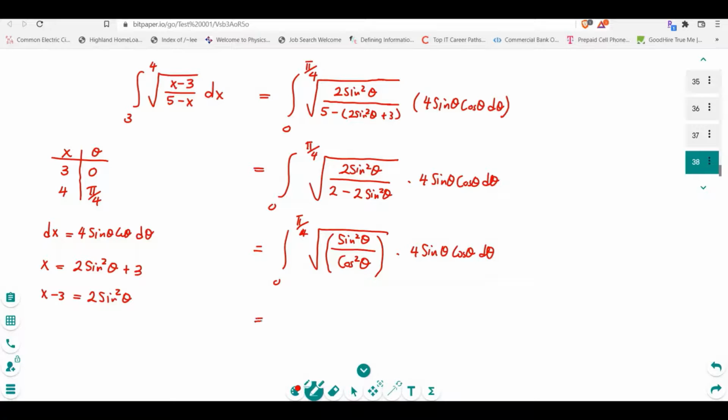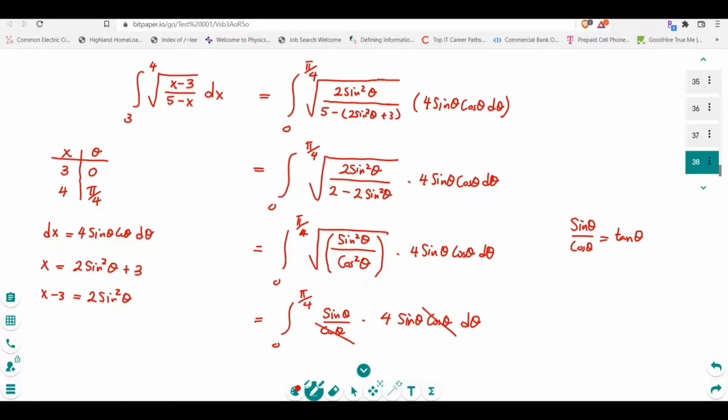Okay, so further simplification, or you could even write, you should know that sine theta over cosine theta is tangent theta. So you can just write this in numerator denominator form, because then one of the cosines will cancel with the other one. We'll write sine theta over cosine theta, and then we have 4 times sine theta cosine theta d theta, and look, cosine theta and cosine theta cancel out.